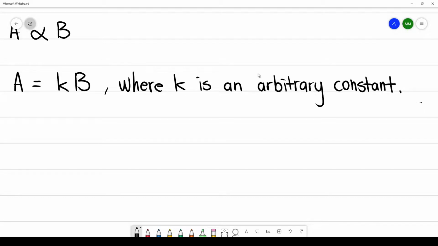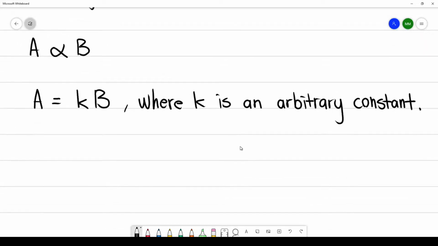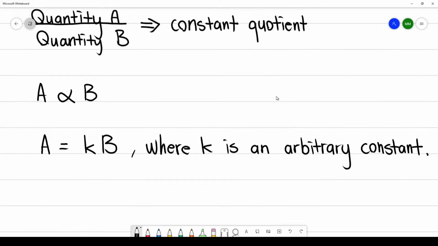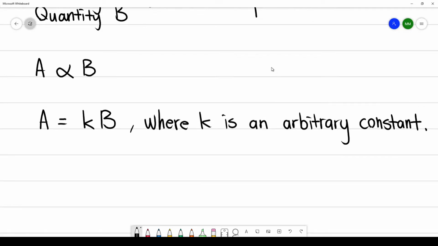This means that I can let k be anything, but it is always constant. It remains the same within a question. For any question, the person who comes up with the question can let k be anything, but that k value is always going to stay the same throughout that question, okay?